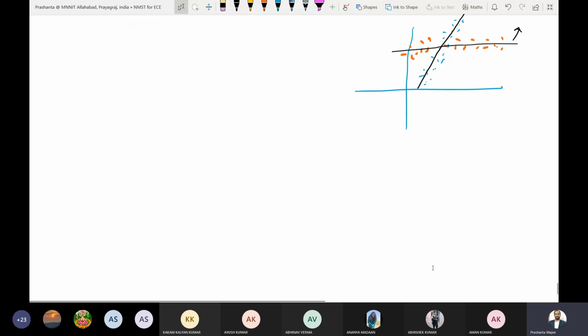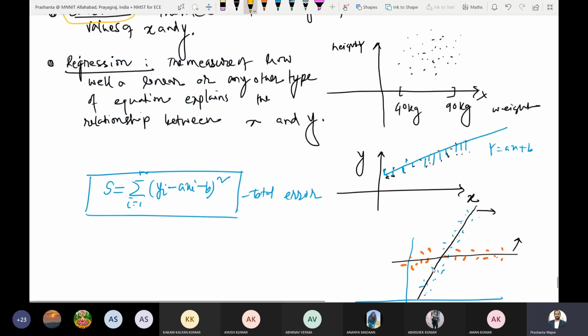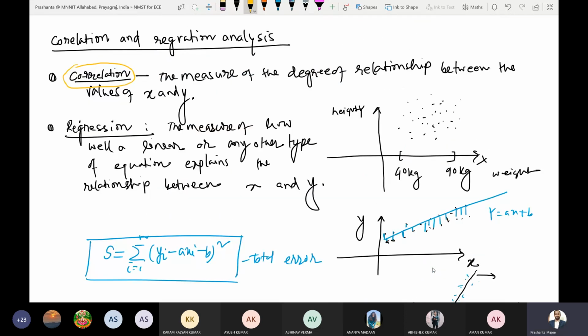So first we have to understand how to find the correlation, the measure of the degree of relationship between values of x and y. You have two-dimensional data. Sometimes data may not be two-dimensional; data may be higher dimensional.